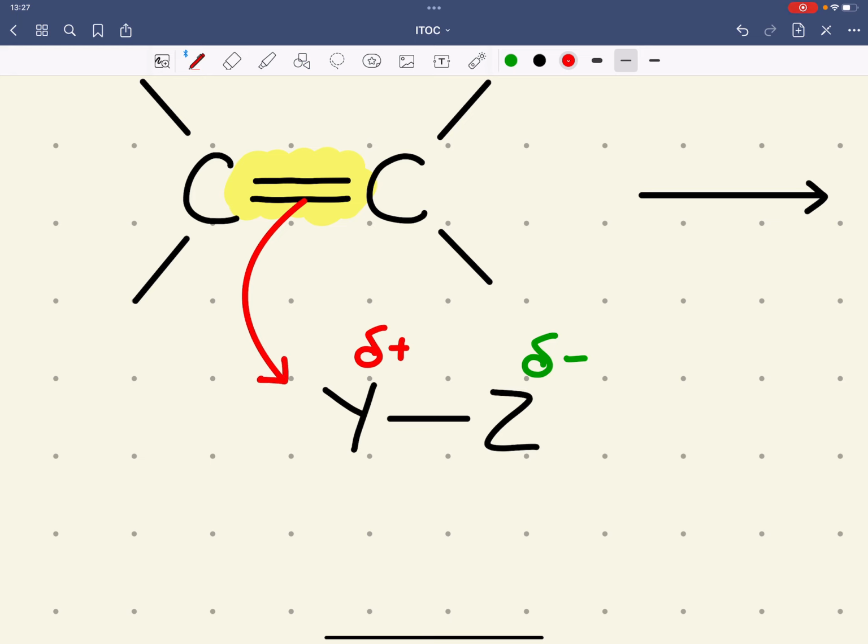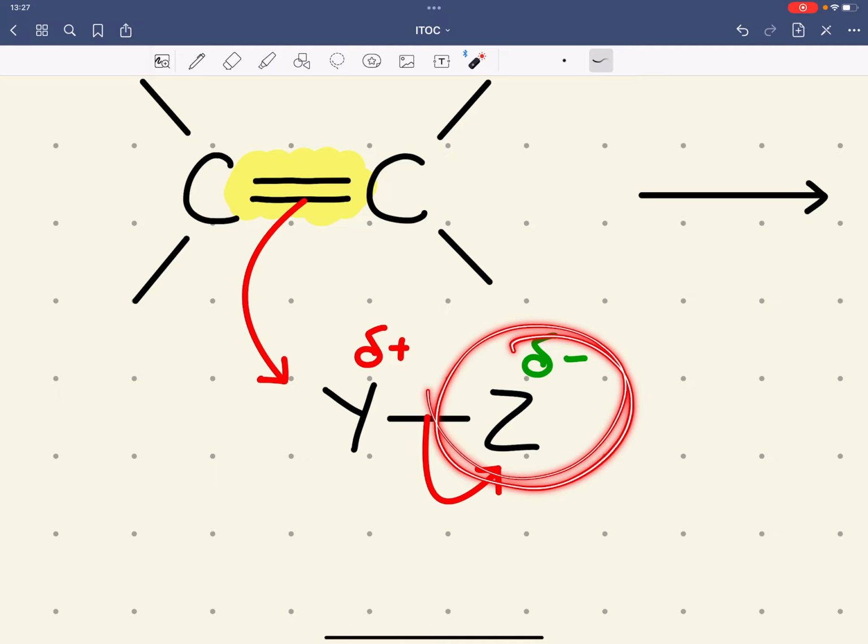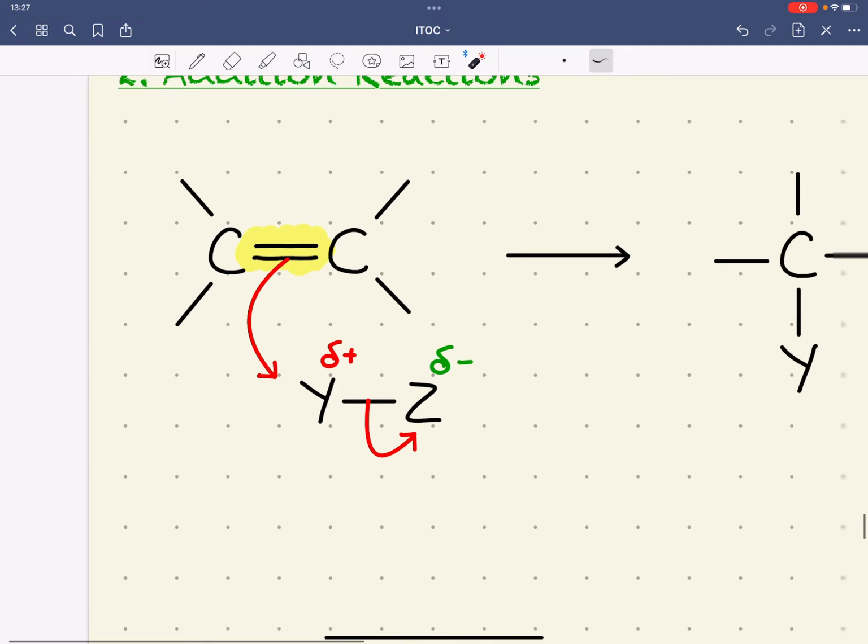What the curly arrow is showing is that the pair of electrons in the carbon-carbon bond is now being used to form a new YZ bond. As this bond starts to form, this YZ bond needs to break. And remember, when bonds break heterolytically, the pair of electrons always go to the most electronegative atom, the one with the delta minus.